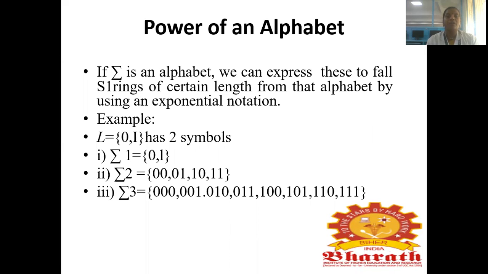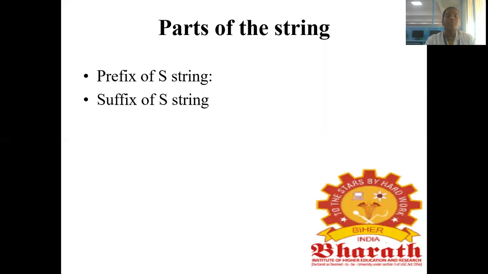Epsilon power of 3 means three alphabets can be used at a time, that is the power of alphabet. So the main point of power of alphabet is to extend the length of your strings or alphabet using the exponential notation.